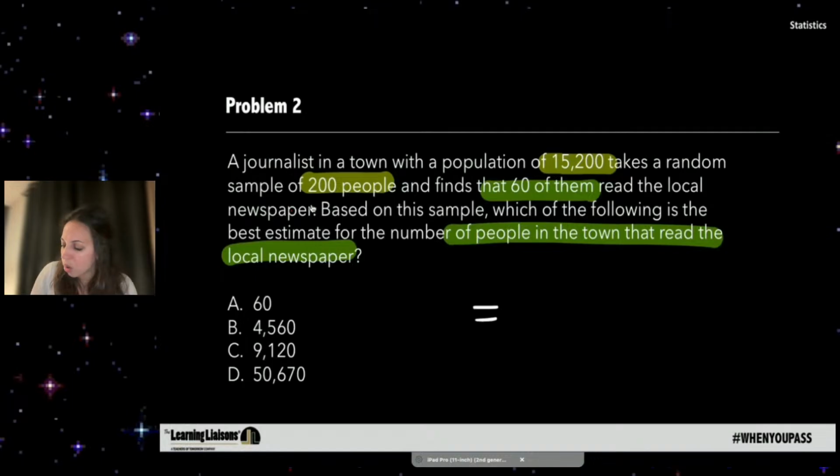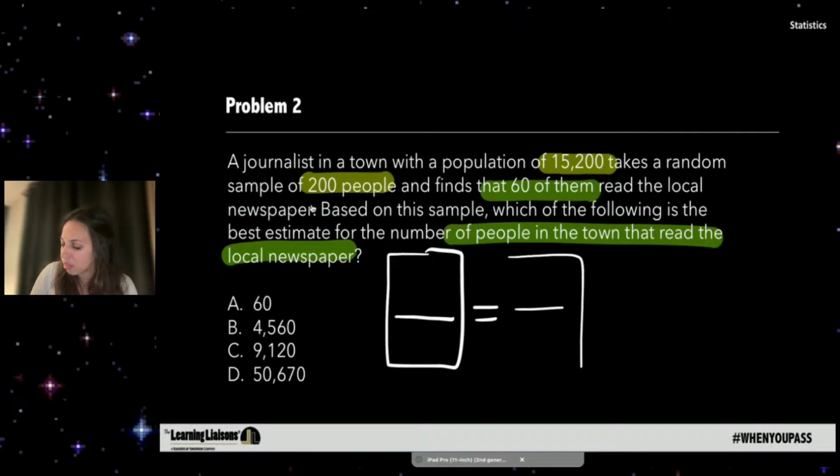So I'm going to have my newspaper readers over my total population equals my newspaper readers over my total population.